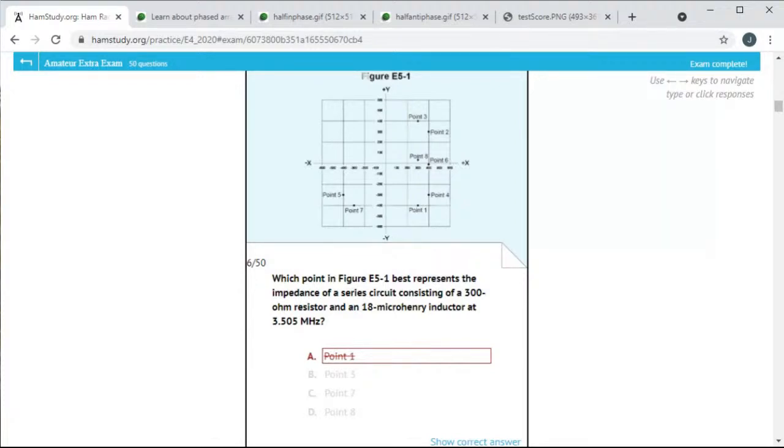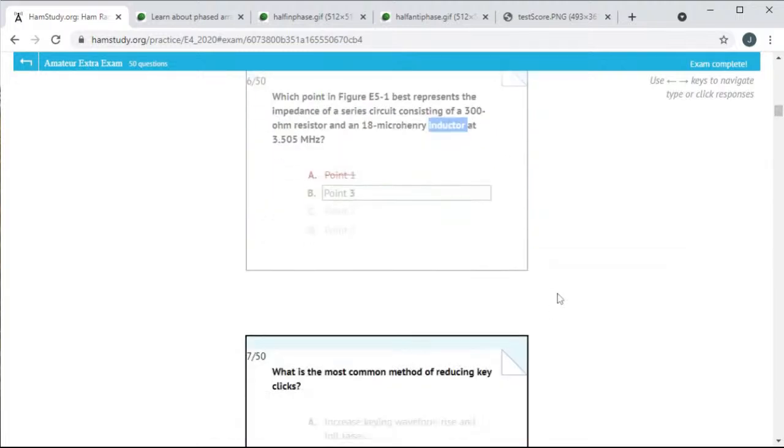If it is an inductor, like this one is, it is 3. If it is a capacitor, it is 1. So that's the thing to watch out for when you get to this question. Is it a capacitor or is it an inductor?